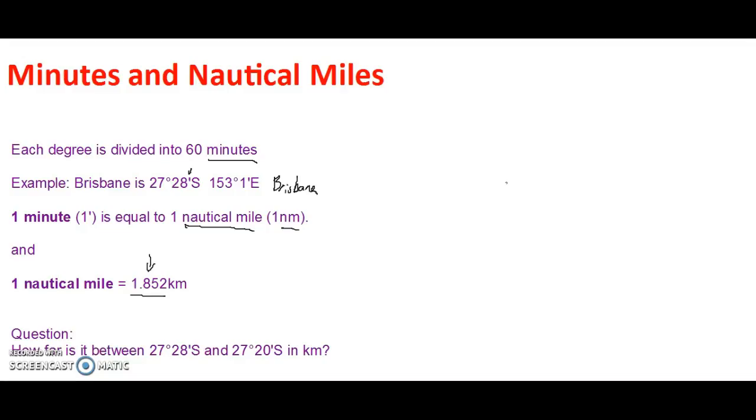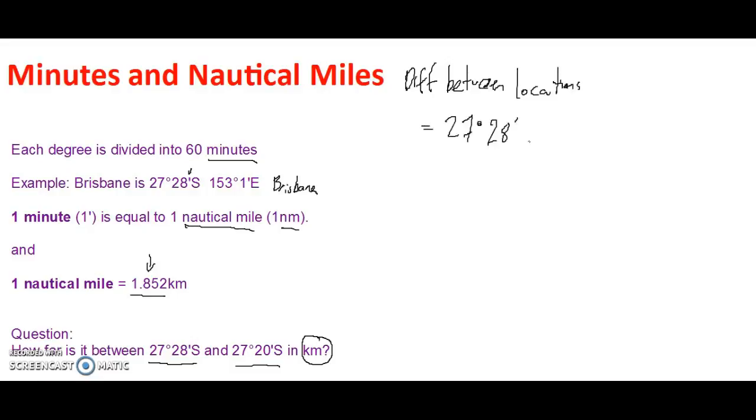A question. How far is it between 27 degrees 28 minutes south and 27 degrees 20 minutes south in kilometers? Well, first off, let's do the difference between the locations. 27 degrees 28 minutes take 27 degrees 20 minutes.